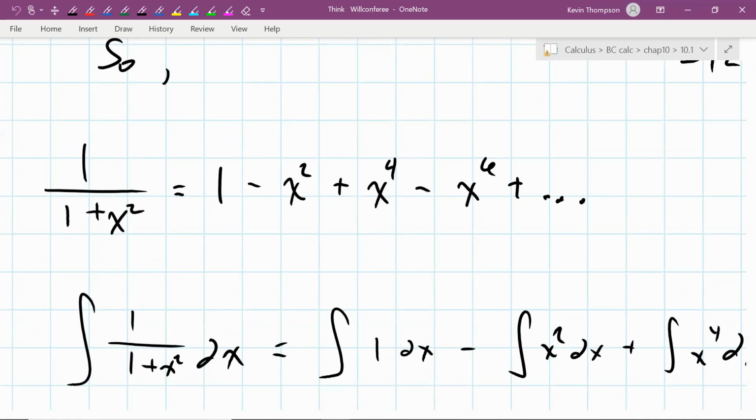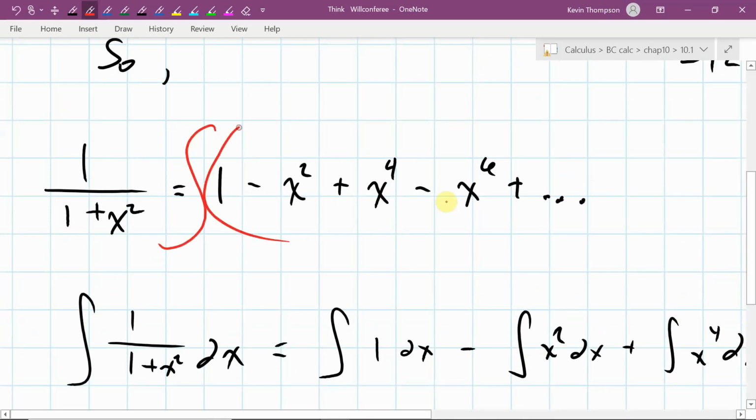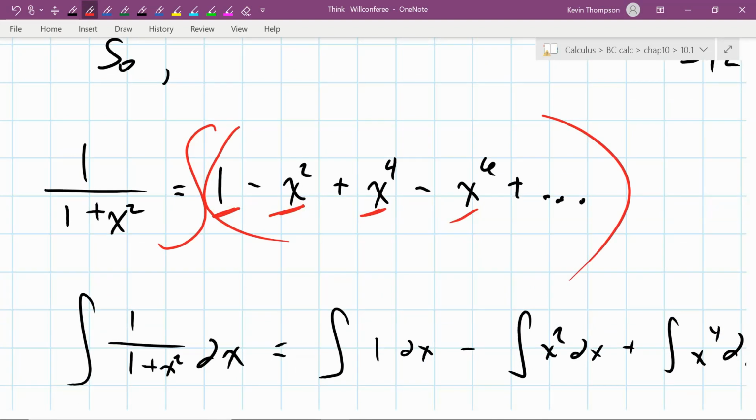Now, it's all addition and subtraction on the right-hand side, so instead of integrating this entire side, couldn't we find the antiderivative of each of these separate pieces? And that's really not difficult. We've actually been doing that, right? Antiderivative of 1 is x. Then I'd have an antiderivative, and then the antiderivative, and so on and so on.